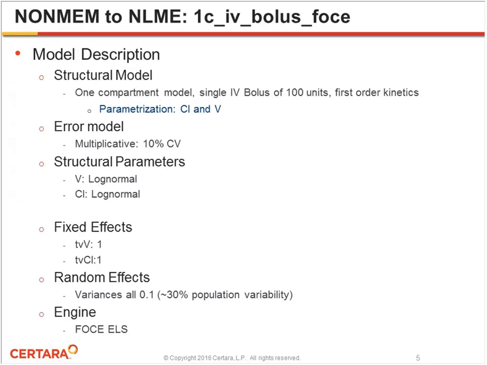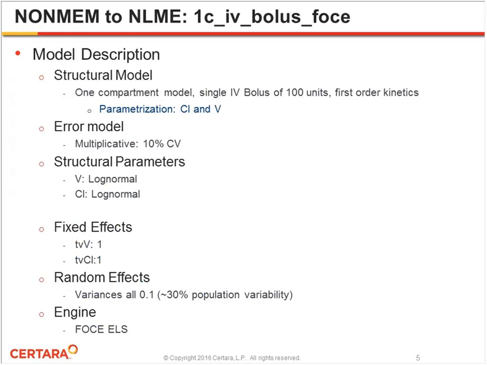So we'll start now with the first NONMEM model, the one-compartment IV bolus model. Here we assume first order kinetics, and we parameterize with clearance and volume. For the error model, we assume log-normal distribution of clearance and volume.